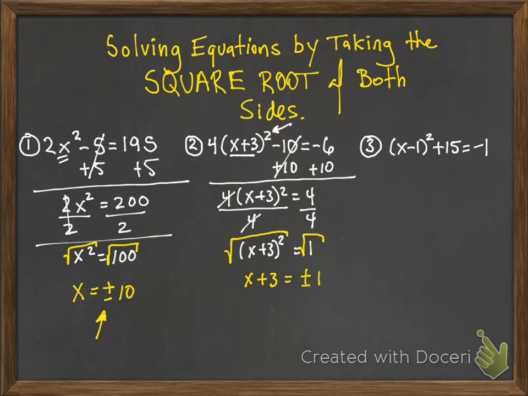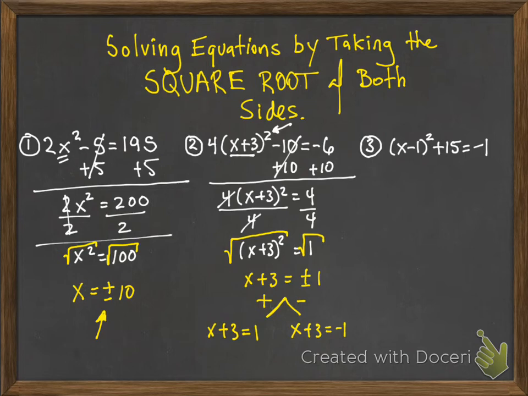Now in this case, much like the quadratic formula, we have to account for both the plus and the minus sign to solve for x. So that's going to leave us with a positive scenario for 1 and a negative. So I go x plus 3 equals a positive 1, and x plus 3 equals a negative 1.